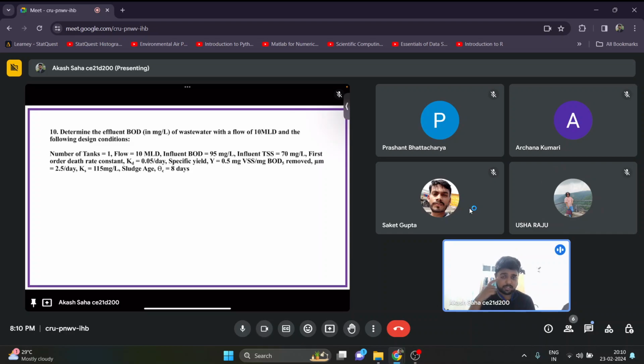Maybe this is additional info, so it may not be directly required to solve this problem. Mostly, TSS value we won't take for microorganism concentration, we will take VSS value. I think in this question also they have done like this. We will check the solution, but I think this is extra information.